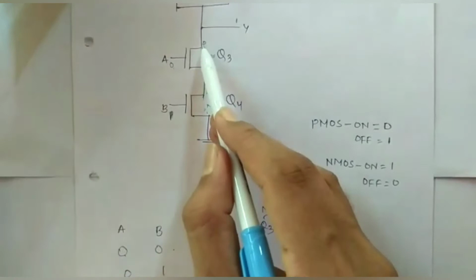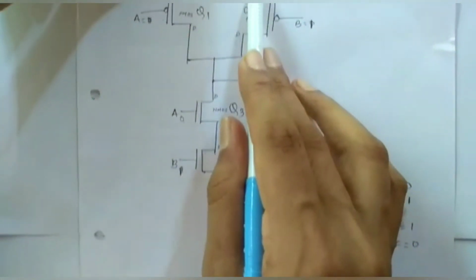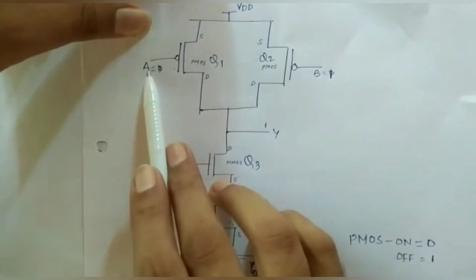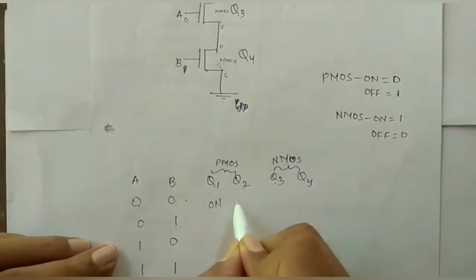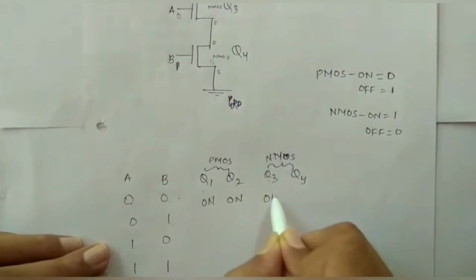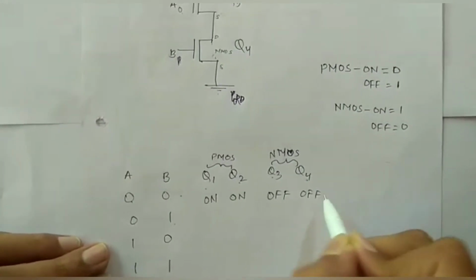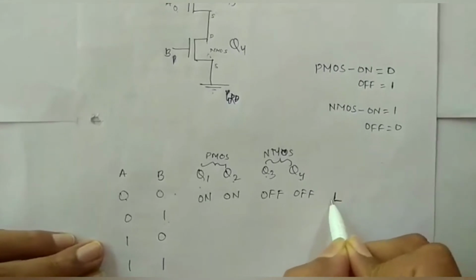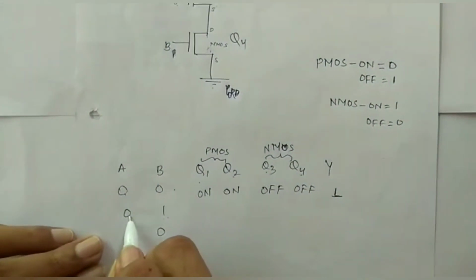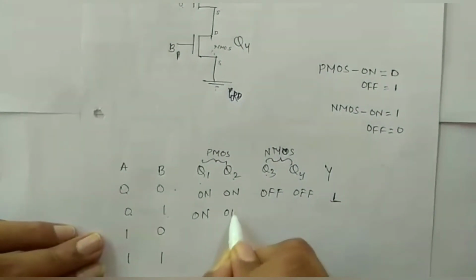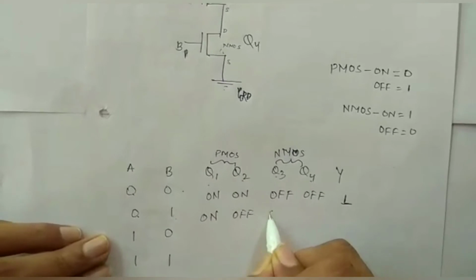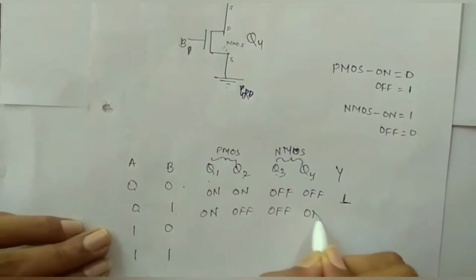Because the circuit is incomplete to ground and it is connected directly to VDD, the output is again going to be 1. So Q1 will be on, Q2 will be off, Q3 will be off, and Q4 will be on, and the output is 1.